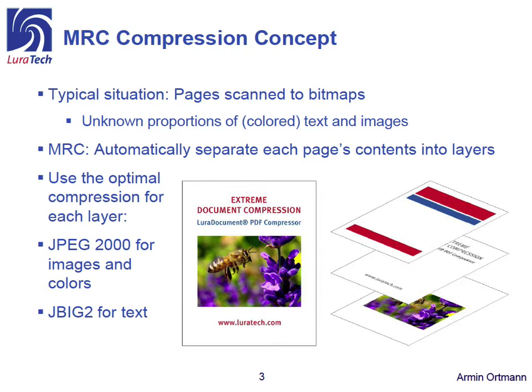So for the MRC compression concepts, many of you have probably heard this before, but I'll just briefly introduce it. In the middle here, you have an example document that has a big image and some colored text. What we basically have is an algorithm that segments this image into these three types of information that you see on the right here.